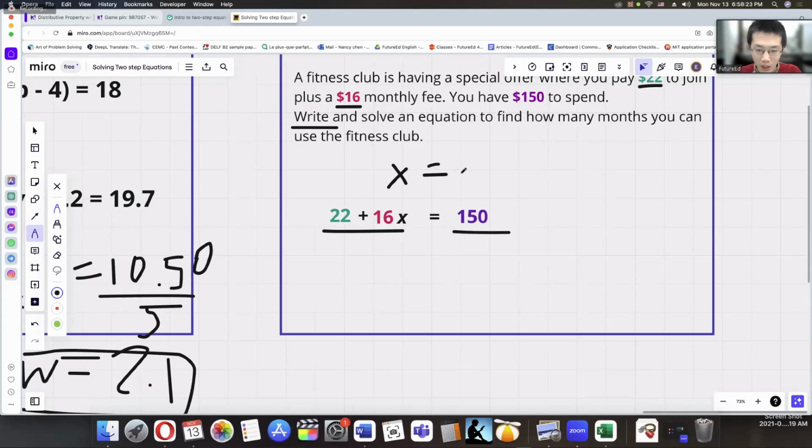Can we check that x equals 8 is the solution? So 22 plus 16 times 8.